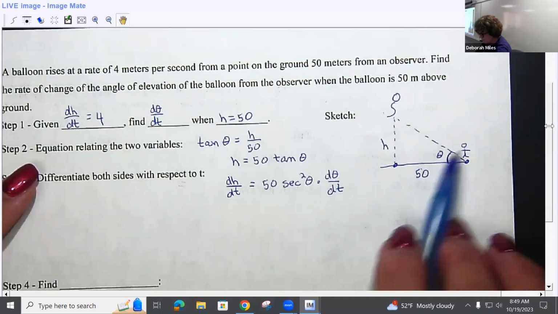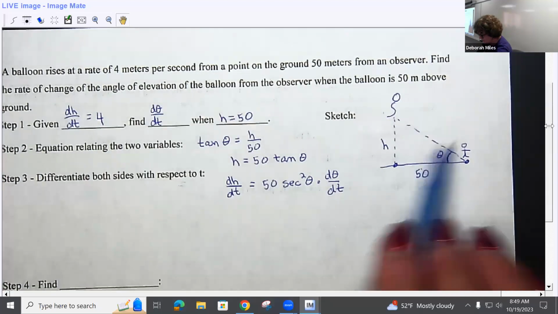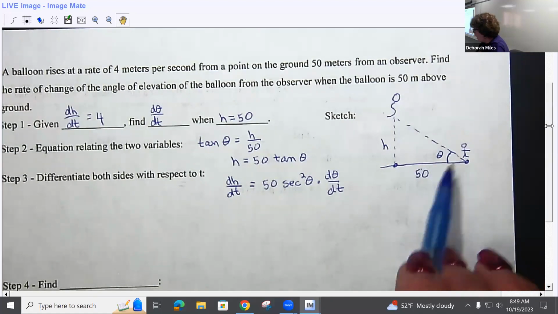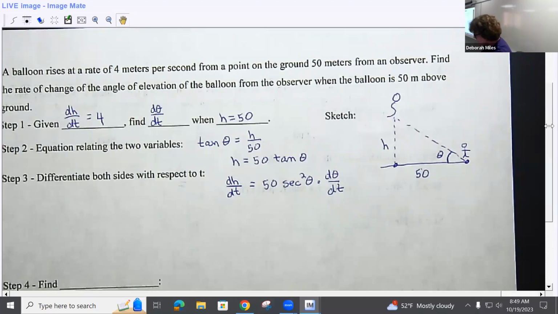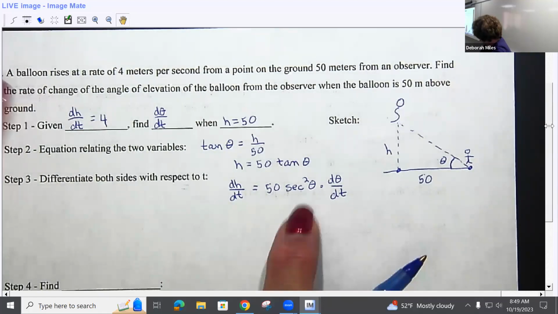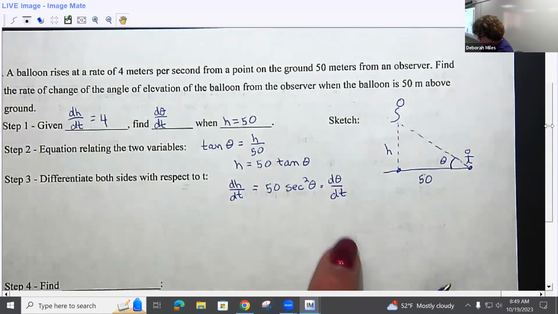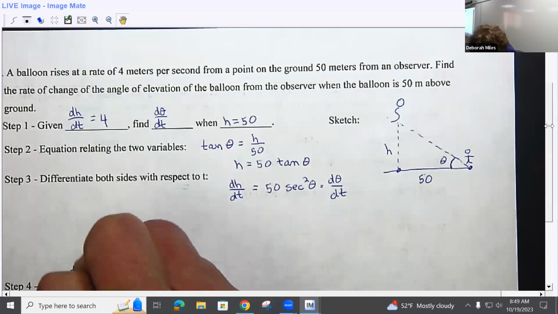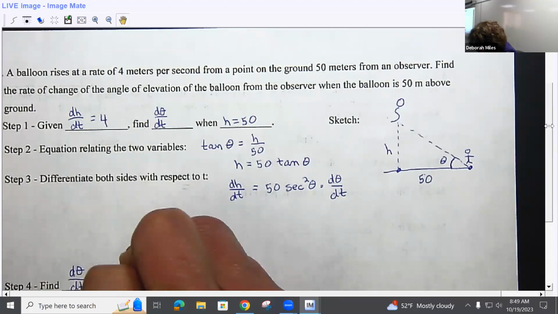The hypotenuse is not anywhere in this equation. Yeah, inverse. Okay, you know what? I don't actually have to know what theta is. I just have to know what secant theta is. So let me fill in this blank right here. Find d theta over dt when h is 50.